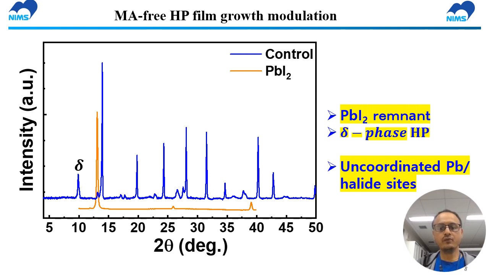As we compare the control film XRD, we can see some remnant PbI2 and formation of delta phase. To quench those uncoordinated halide or lead sites, and to quench the remnant PbI2 and delta phase, we sourced some multifunctional molecules.